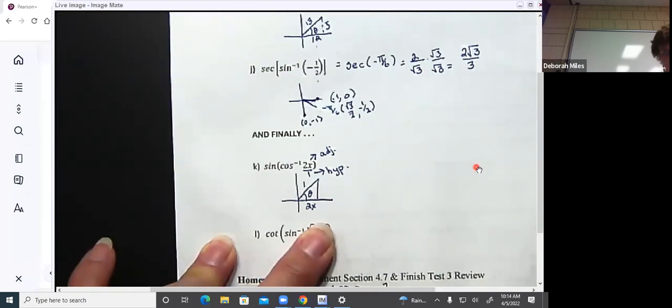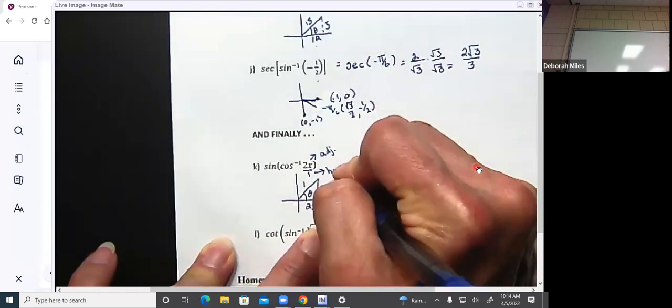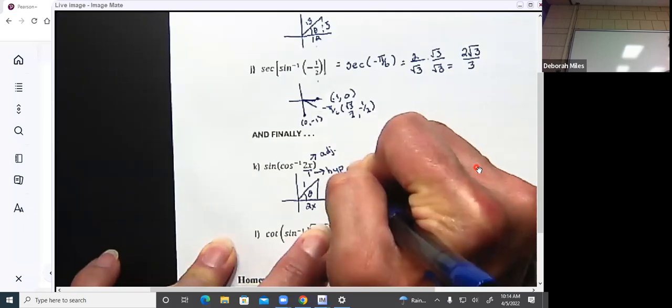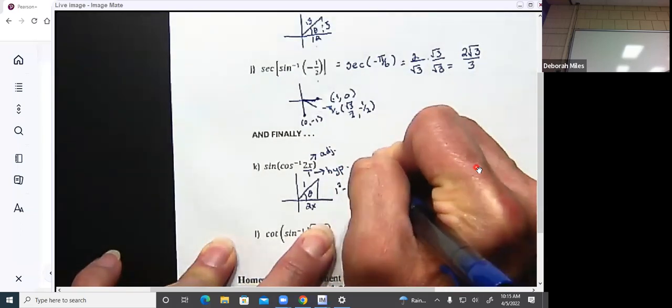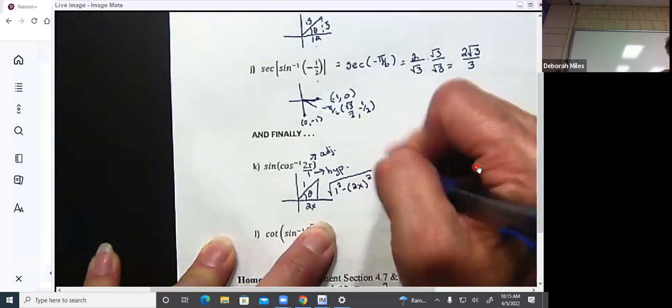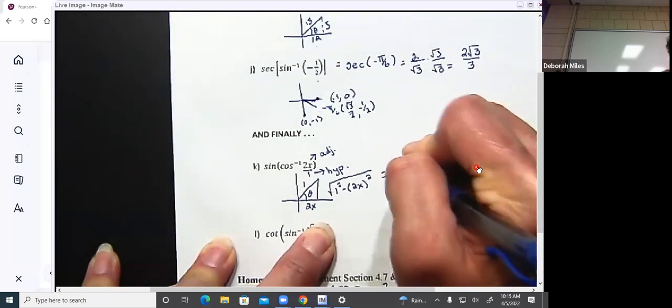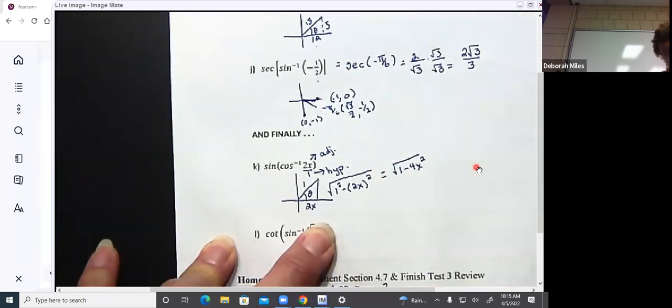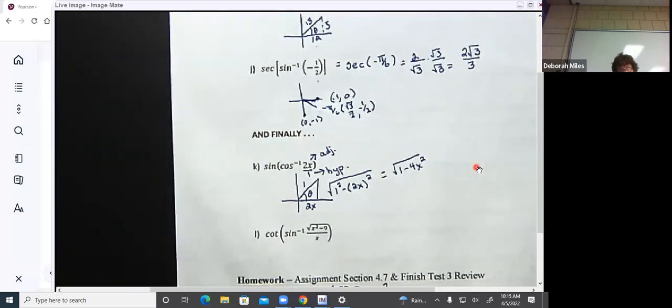It's still Pythagorean theorem. Hypotenuse squared minus leg squared would be what? I can't simplify it a whole lot, but I can name it square root of 1 minus 4x squared.